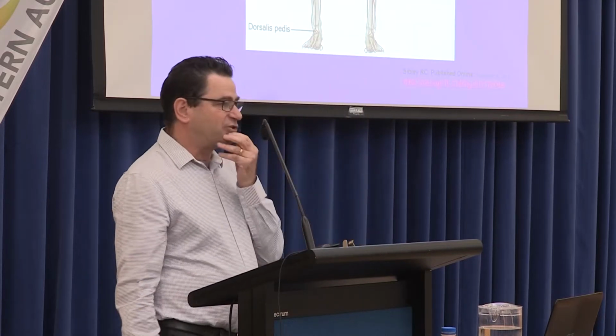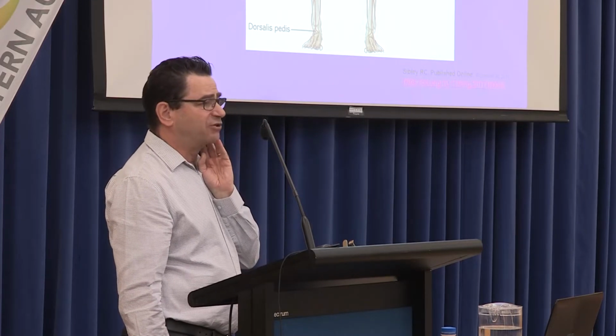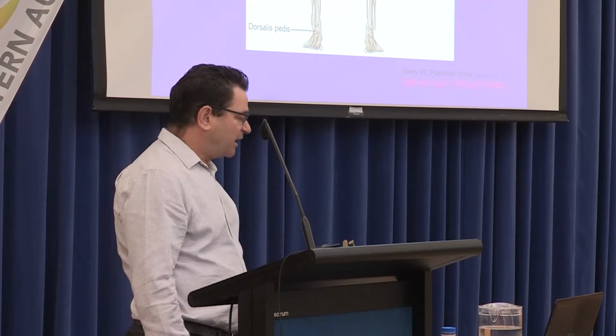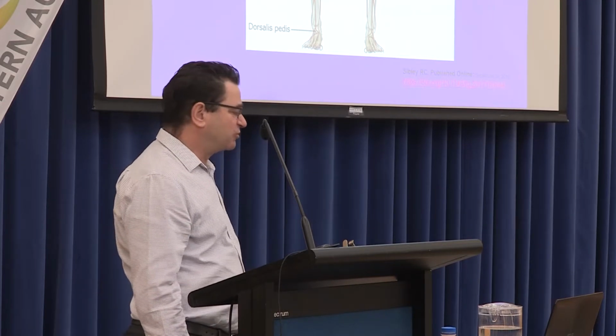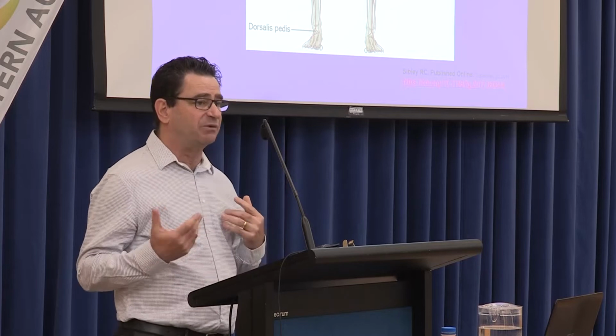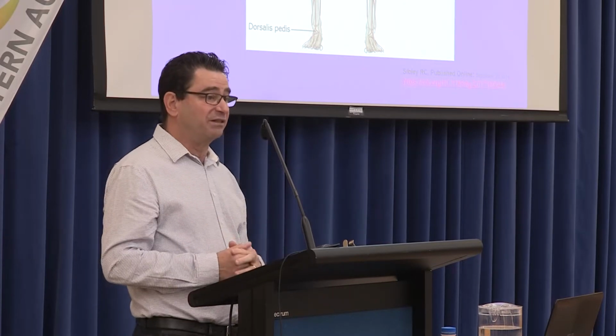We break the arteries up into 3 groups. From a podiatric point of view, generally a lot of the disease is going to be in the crural, the trifurcation vessels in the calf. If you have aortoiliac disease, you're going to present with thigh pain. If you have femoropopliteal disease, you're probably going to present with calf pain.